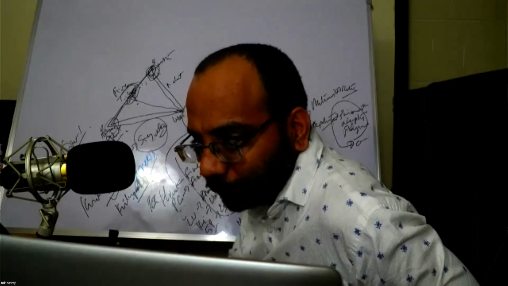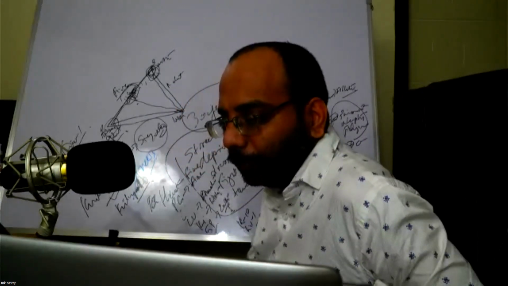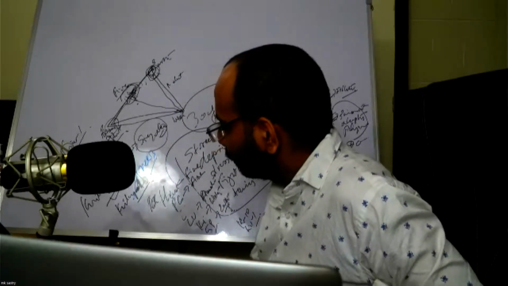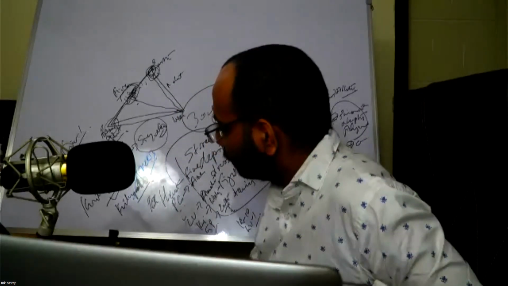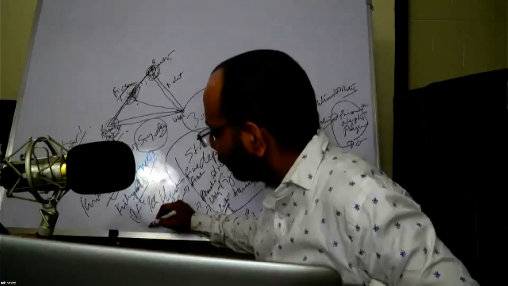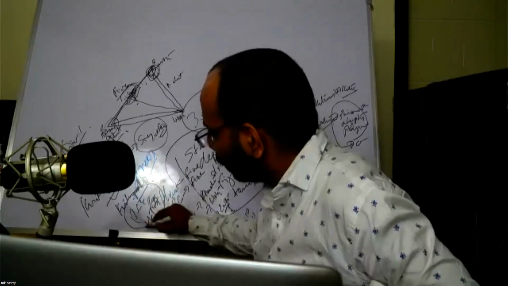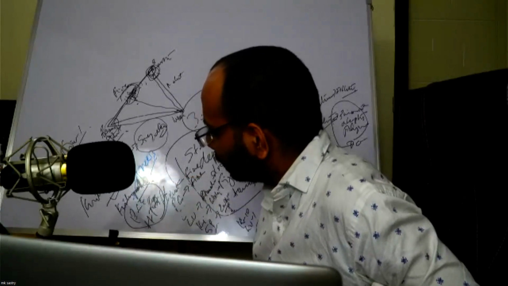What is this? PC6 and Heart 7. This is the golden point for psychiatric disease.